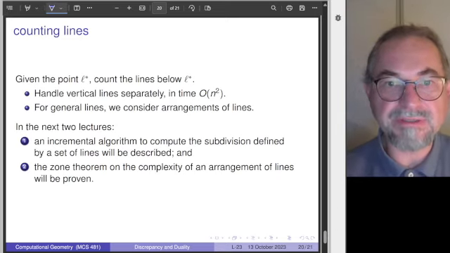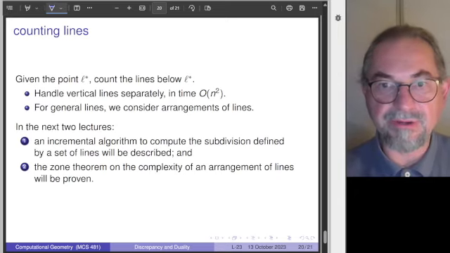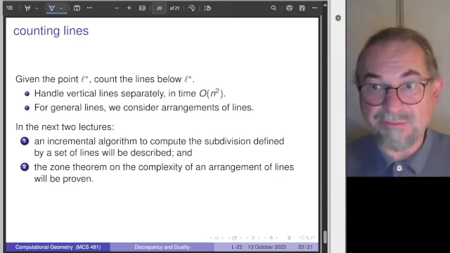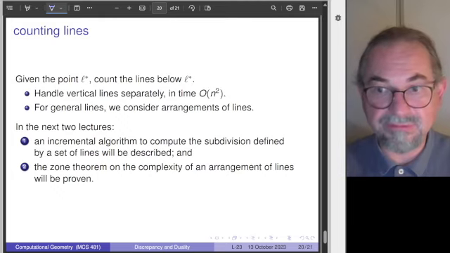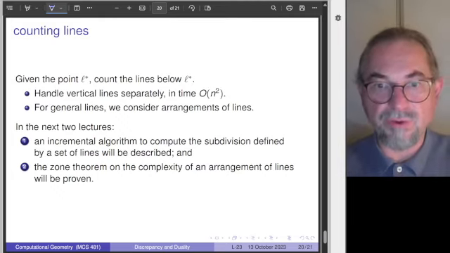so vertical lines have to be handled separately, and that can be done in square time. For general lines, we will consider arrangements of lines. It's important here that we will arrive at linear complexity, to give the direction where we are going.